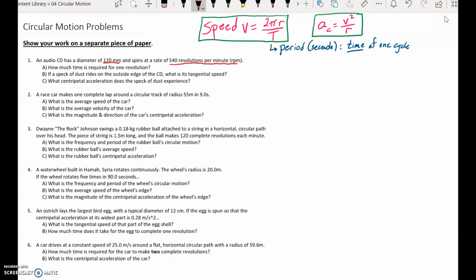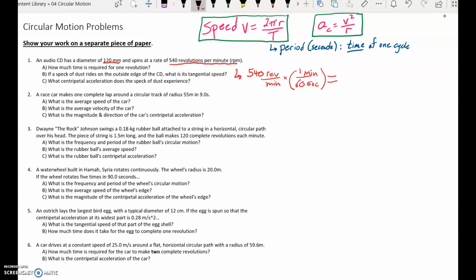And in order to do this, we take our 540 revolutions per minute, and we want to convert this to seconds. So that's going to involve canceling out minutes and converting to seconds. And we know that 1 minute contains 60 seconds.